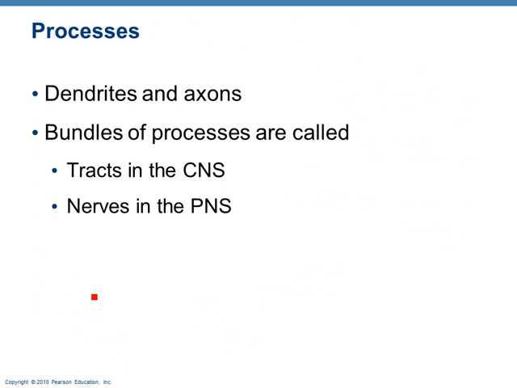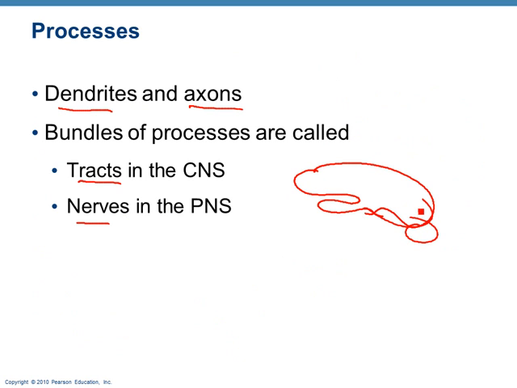Okay, you have your processes. You have the dendrites, which is the receiving end, the axons, which is the sending end. Now, in the CNS, you have your brain. Let's do a cross-section of the brain. I'm a horrible artist, y'all. That's the brain. If there's a region of the brain that works together, say there's a bundle of neurons that all work together kind of for a common goal, that's called a tract.